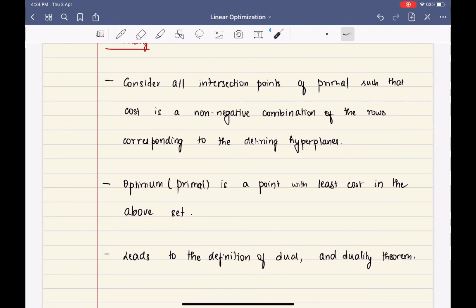Okay, so this is a kind of a geometric interpretation of duality.